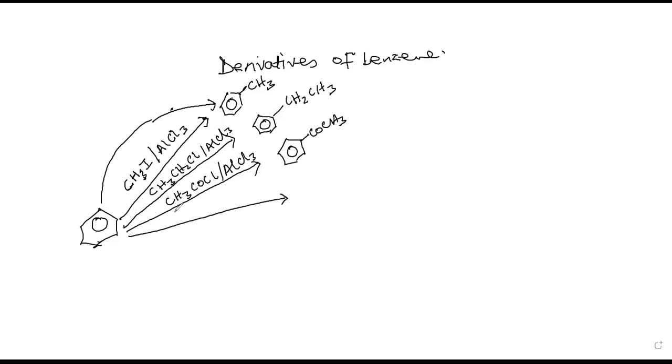For nitration, we said that you must use equimolar concentrated nitric acid and concentrated sulfuric acid at a temperature of 55 to 60 degrees Celsius, and this will give you nitrobenzene.